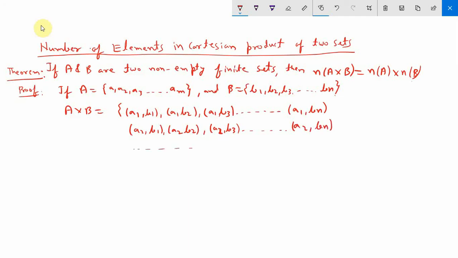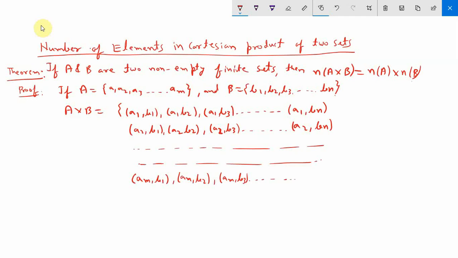So we get ordered pairs like this, and with last element of set A, ordered pairs will be (am, b1), next will be (am, b2), (am, b3), and so on, and last ordered pair will be (am, bn). Okay, so these are the ordered pairs.